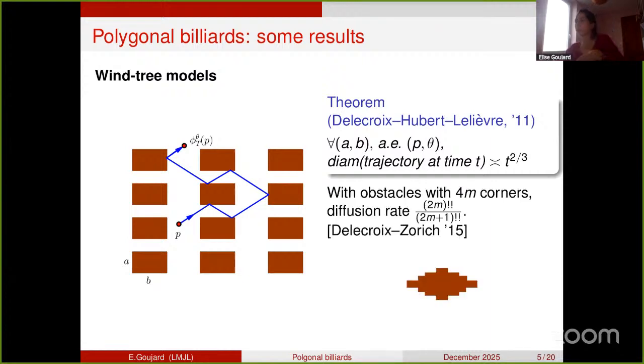Let me just mention that there is another result. So I just mentioned one: you can play with the obstacles by adding some corners to get some funny diffusion rates, like this rational that goes to 1 as the number of corners goes to infinity, and so on.